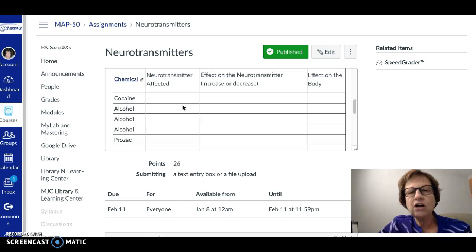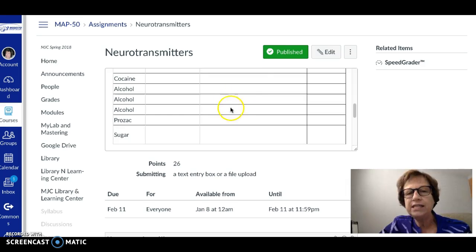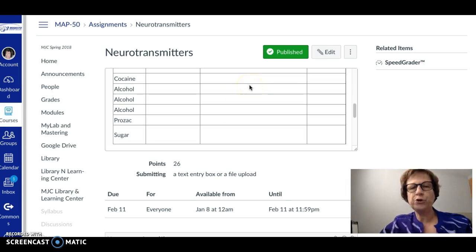Same thing with alcohol. There are 3 important neurotransmitters that mediate the effects of alcohol. And for each one you're going to tell whether that neurotransmitter is increased or decreased with alcohol. So the answers won't be the same for each of the neurotransmitters.